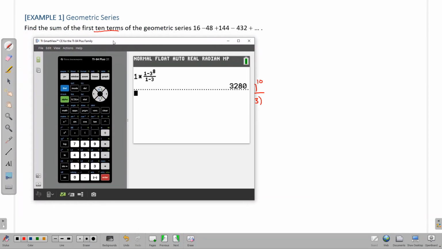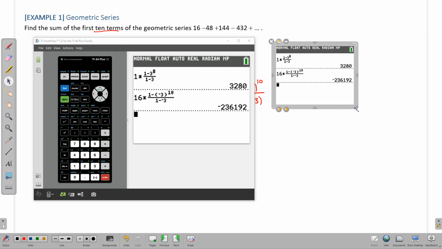I don't think I'm going to be able to get both of them on there, so let's just type it in here. So we had 16 times 1 minus, in parentheses, -3 to the 10th power over 1 minus -3. So we end up with this number here.